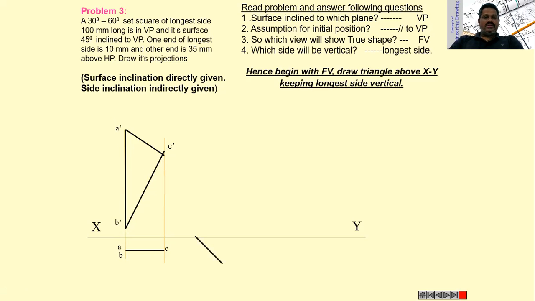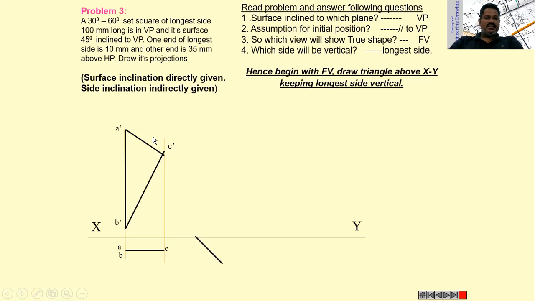Now, the second assumption. In the second step, the surface is 45 degrees inclined to VP. Initially, we assumed that the surface is parallel to VP. We have drawn the true shape, then the front view and top view.